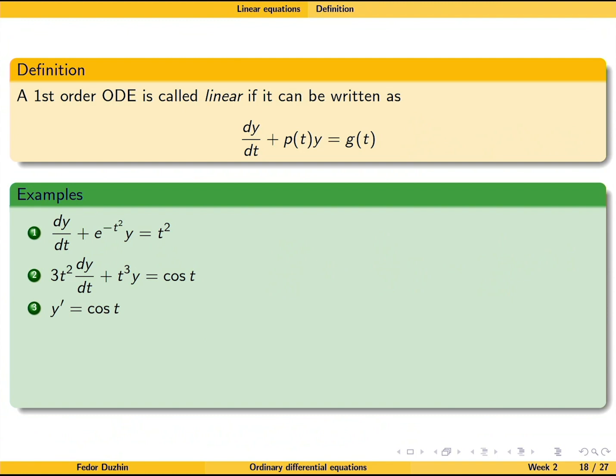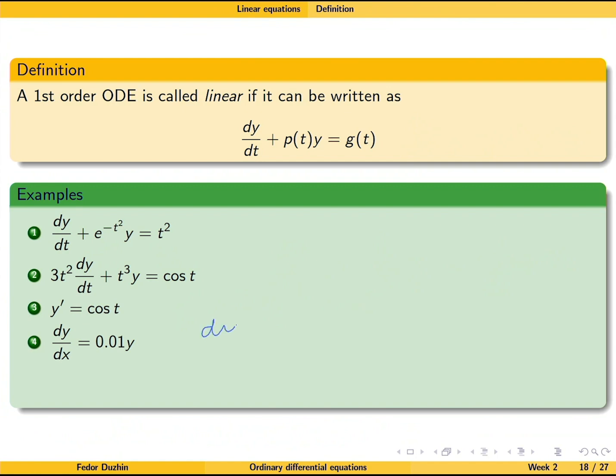Well, here is one more example, because we can rewrite it as y prime plus 0 times y equals cosine t. So now p of t is 0. Well, here, notice that now the independent variable is x.